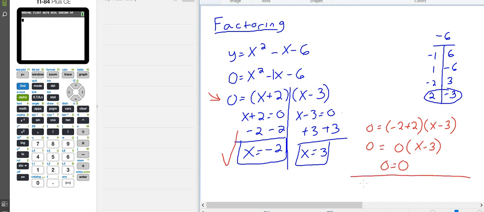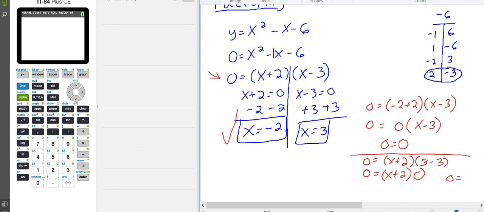Let's try the other value for x. 0 is equal to x plus 2 times 3 minus 3. 3 minus 3 is just 0, and x plus 2 times 0 is just 0.